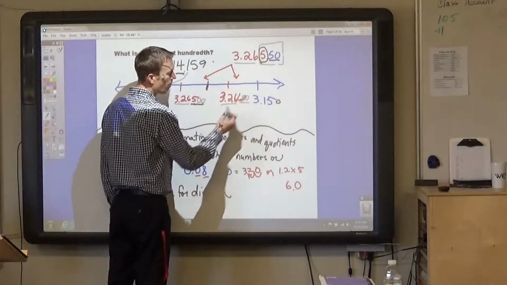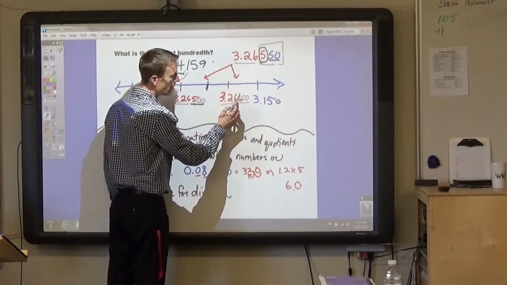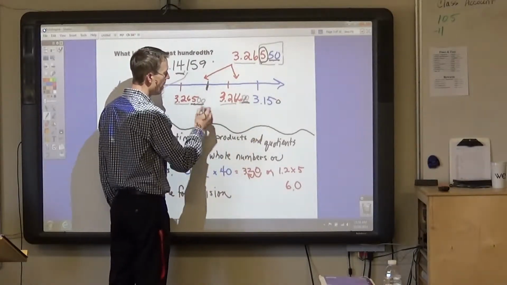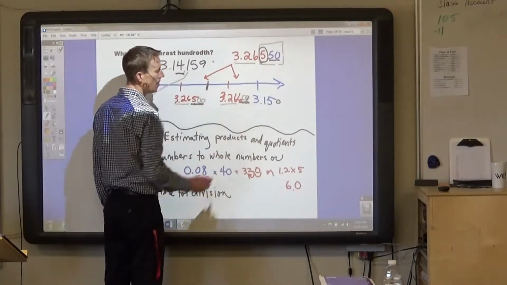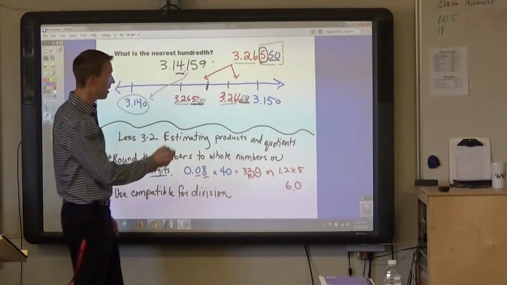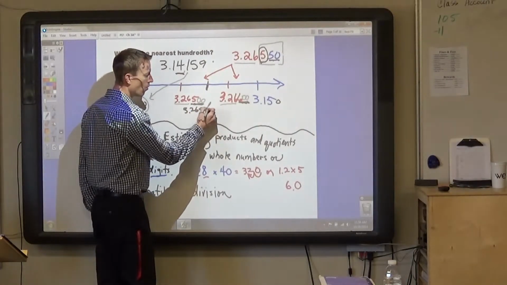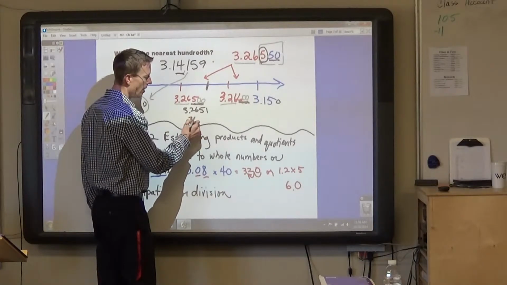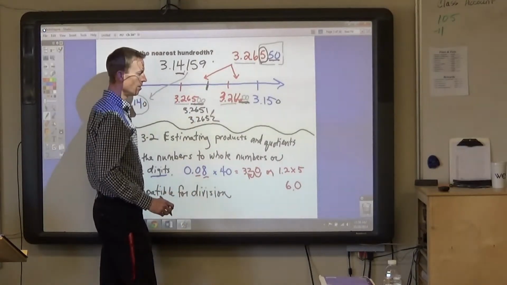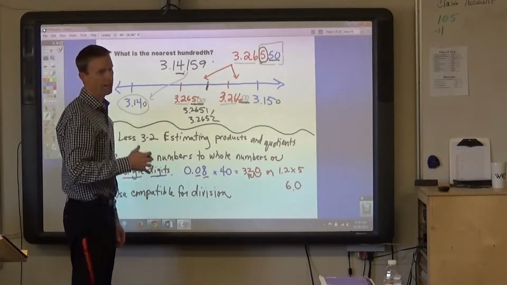And if you add two zeros at the end of this one, 3.26600. Well, if you look at 600 and 500, there's tons of numbers between 600 and 500. There is 3.2651 and 3.2652 and 3.2653 and so on.